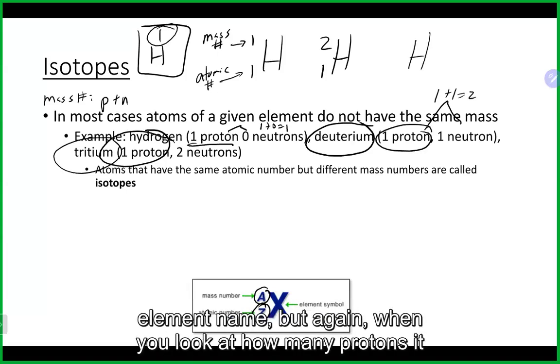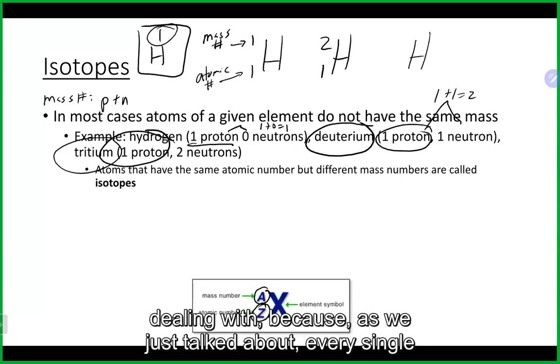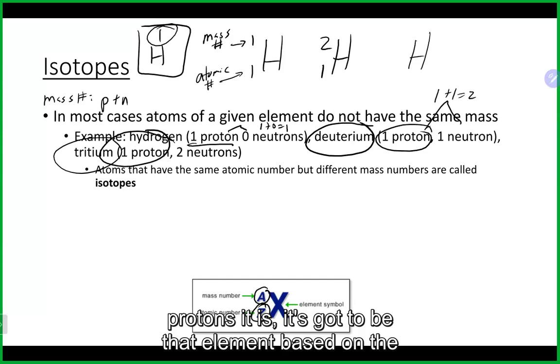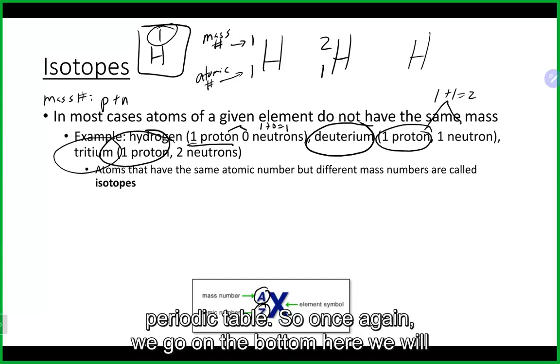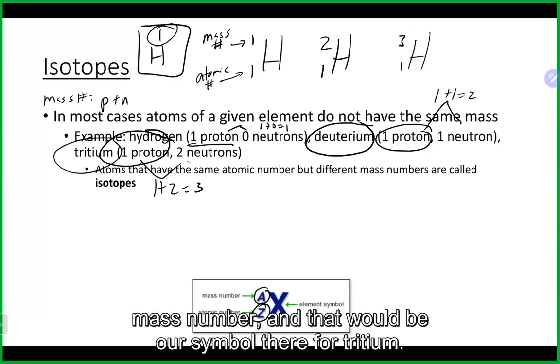But when you look at how many protons it has, you can definitely determine what element it's dealing with, because every single element has its own atomic number. So whatever number of protons it is, it's got to be that element based on the periodic table. So once again, we do 1 plus 2 there is 3 for our mass number. And that would be our symbol there for tritium.